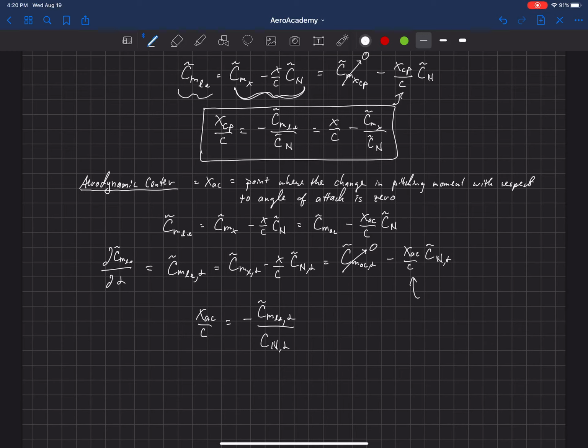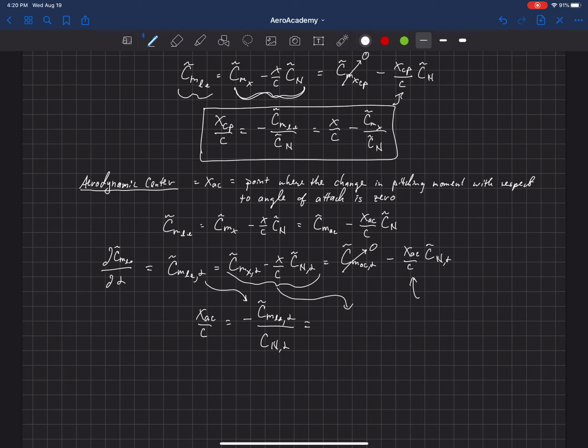alpha. So if I know the derivative of the moment at the leading edge with respect to alpha, and I also know the derivative of the normal force with respect to alpha, I can find the location of the aerodynamic center. If I know this information at some other location, I can solve for the aerodynamic center.